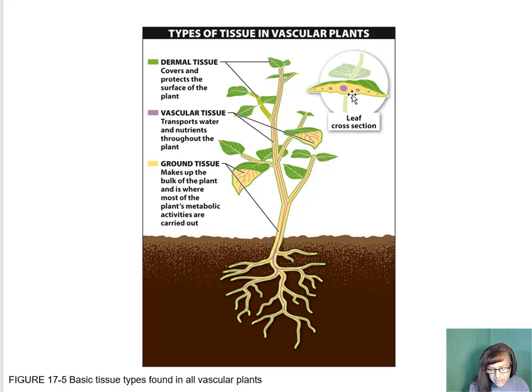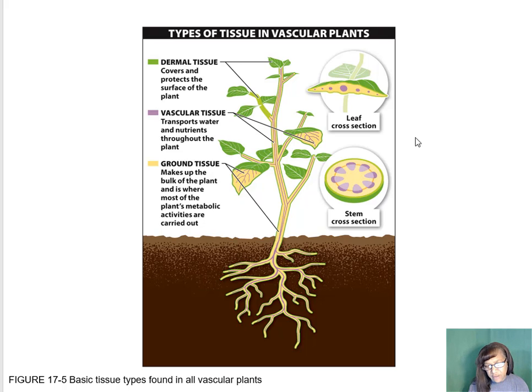And then in this yellowish coloration, this is depicting the ground tissue, and in this purplish coloration, this is depicting the vascular tissue. Now, the thing to remember is this is not the color of the tissue, right? When we're looking at these illustrations, it doesn't mean that in a plant, their vascular tissue is purple. No, it's not, right? This is just for illustration purposes to help us better visualize these different structures.